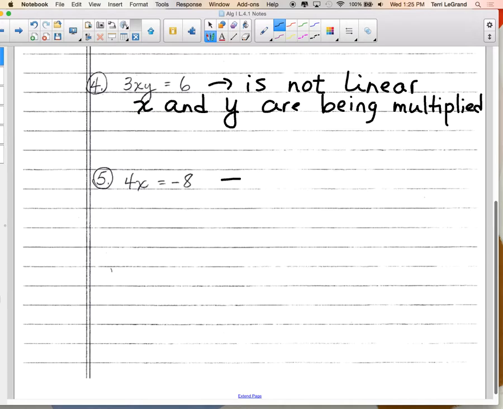Yes. Yep, it's linear. If it is linear, then we're going to talk about standard form and A, B, and C. So what do we have to do to this? Get it in standard form. It is. It is in standard form already.